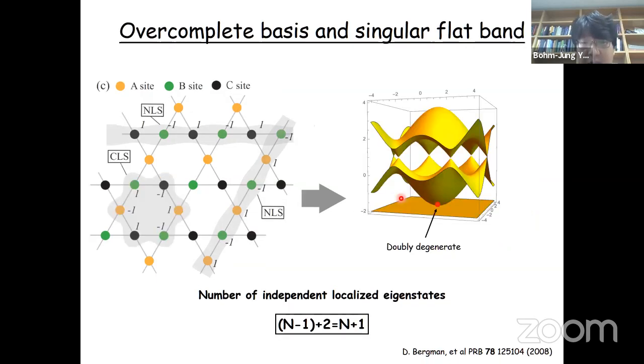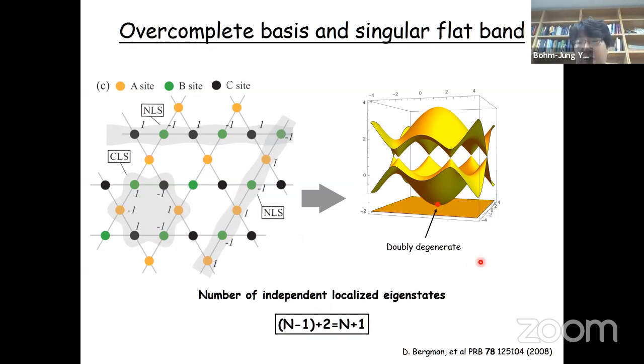Then, if we count the total number of localized states, we have n-1 hexagonal states and 2 loop states. So in total, we have n+1 localized states with the same energy. But to span a single flat band, we just need n states. We have an overcomplete basis, and this extra state should be provided by another band, which is degenerate with the flat band. This counting guarantees the presence of the band crossing point here.